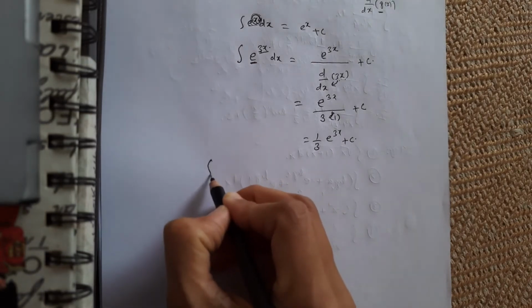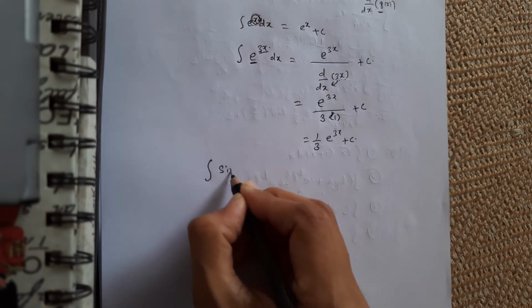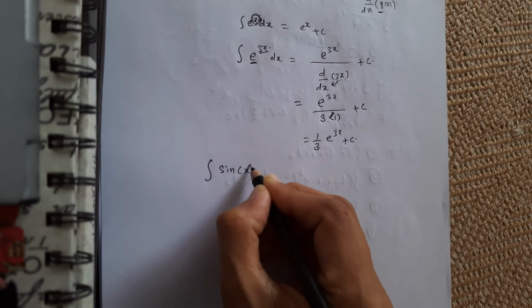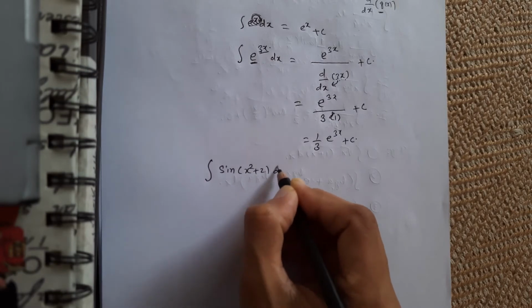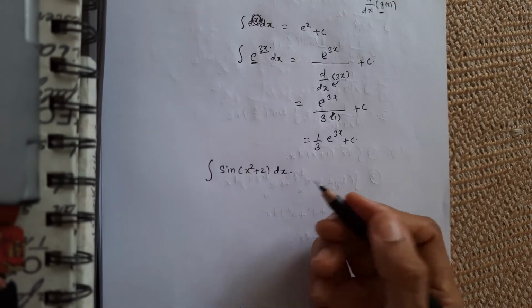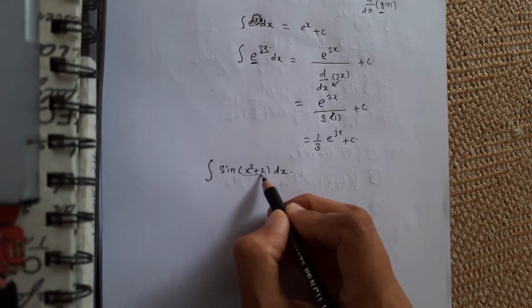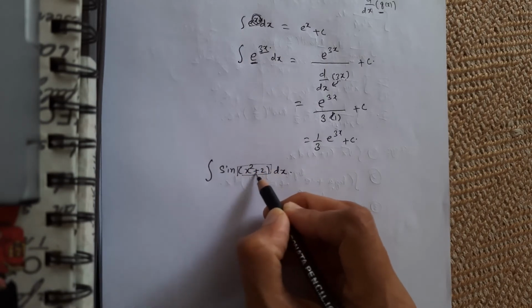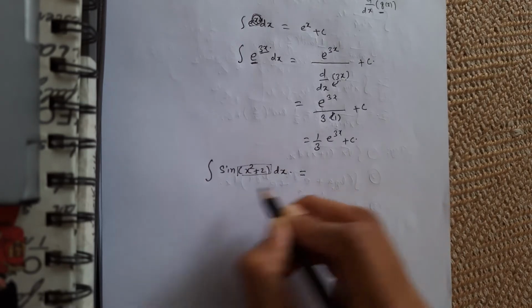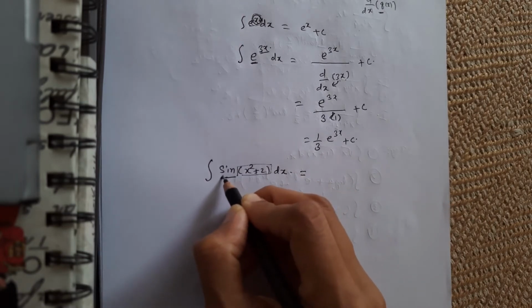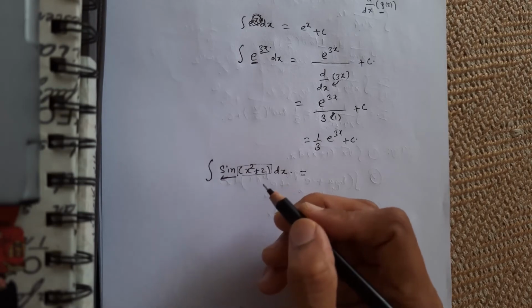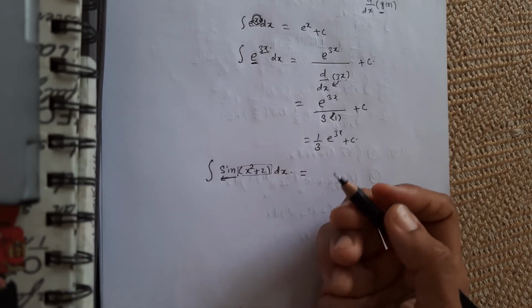Another simple example: suppose I have sine of x square plus 2 dx. This is a composite function. You don't have a simple x here, instead you have some function here. So how do you solve it? First take the integration of the sine function, which is nothing but minus cos, right?